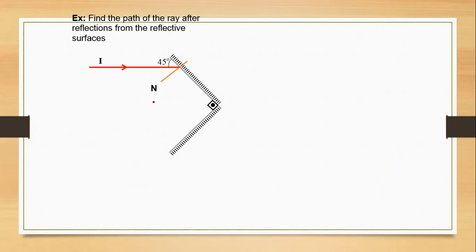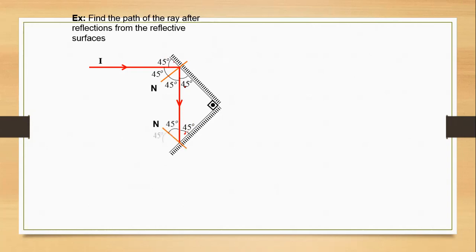This ray is going to be reflected at 45 degrees, and it's going to hit the other mirror at 45 degrees. For all the rays, the angle of incidence will be the same.